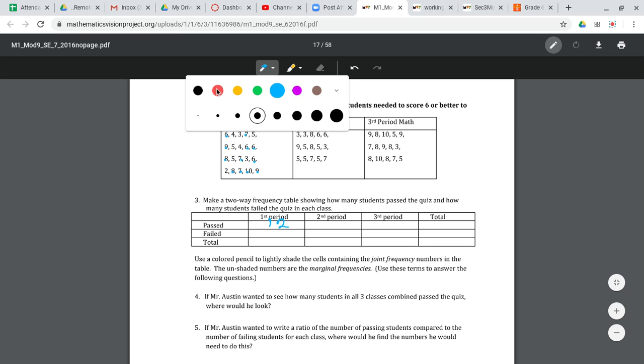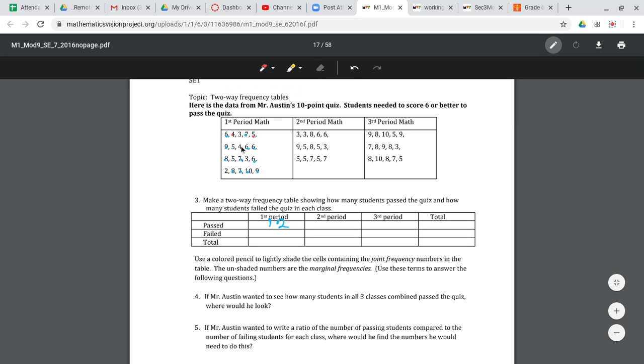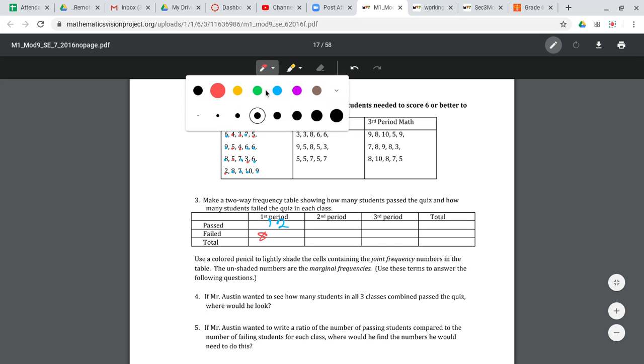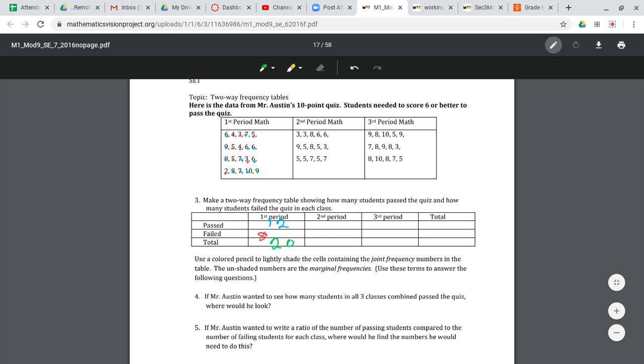So for failed in first period, we have 1, 2, 3, 4, 5, 6, 7. And wait, did I miss one? Yep, 8. Okay, so then we have 8 for failed. So the total number of students in first period then is 20.